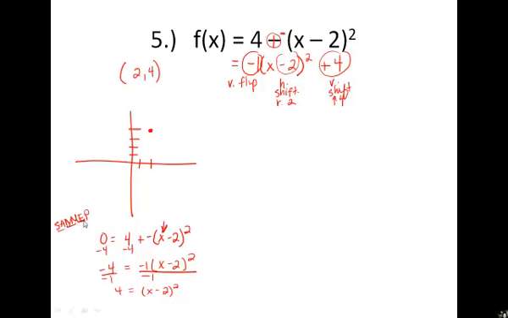Okay, we're going to undo any exponents. So I'm going to square root. So keep in mind this is plus minus 2 equals x minus 2, and then when we add 2 to both sides, what we're going to get is 2 plus 2, which equals 4, or 2 minus 2, which equals 0. So these are our solutions, or in other words, the x values of our x-intercepts.